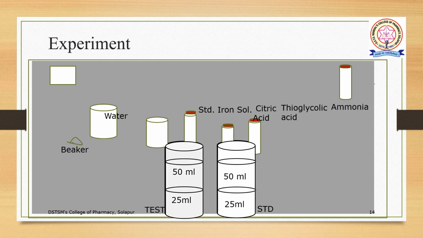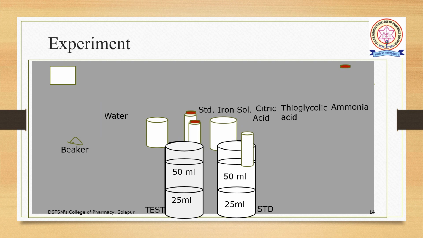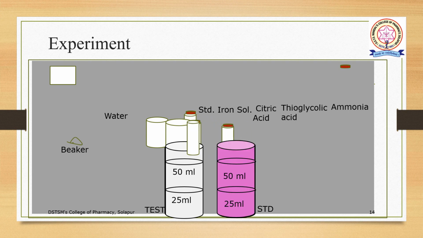Then 0.1 ml of thioglycolic acid or 2 drops of thioglycolic acid will be added in the test and in the standard solution. Then add ammonia to make the solution alkaline and adjust the volume up to 50 ml. If it is not alkaline, then again we have to add ammonia, and we should check before it becomes alkaline.